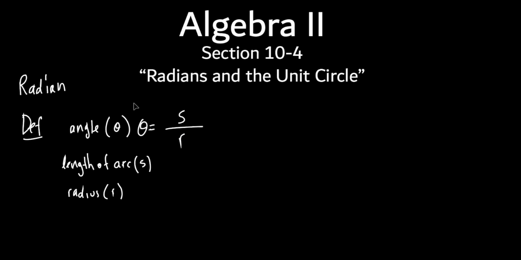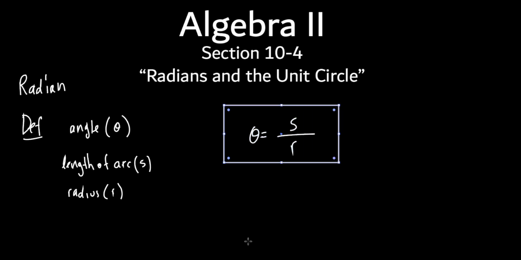When I compare those two together, that is what it means to be a radian. We're going to use a little different version of that a bit later. The S is the length of the arc, R is the radius, and it's going to be in radians.